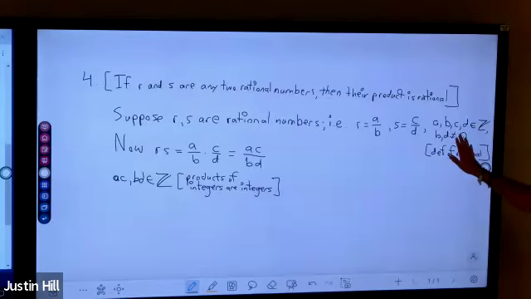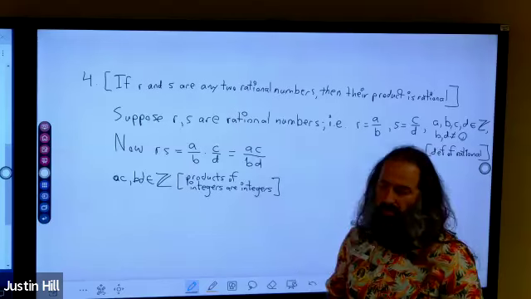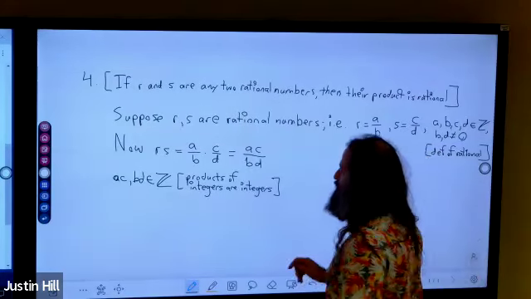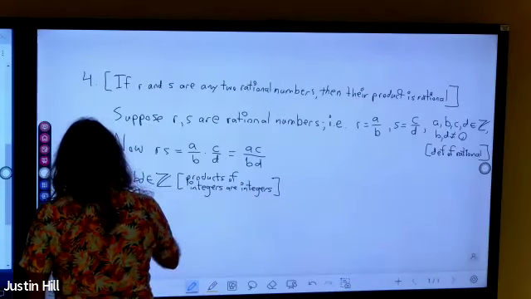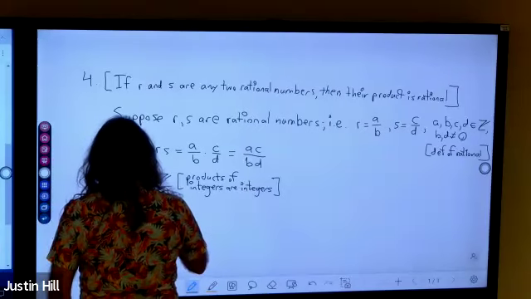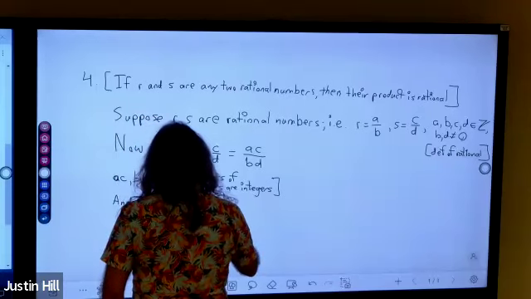So if I'm multiplying two things that don't equal 0, my product can't possibly equal 0. That property is called the zero product property. So by the zero product property, BD doesn't equal 0.